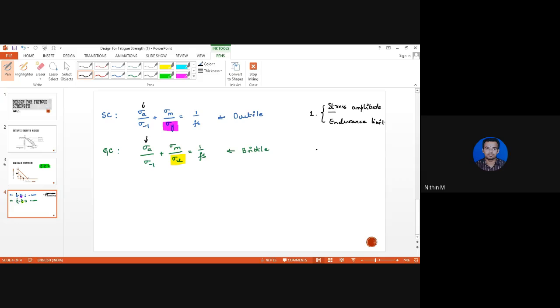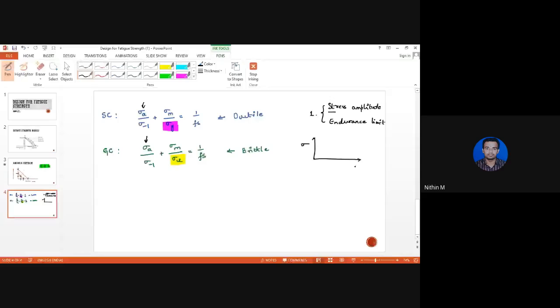Suppose the stress is static, and I try to draw a graph of stress along the y-axis and time along the x-axis. If I apply a load of say 60 kgs and leave the component at that force, for example a desk, you go and sit on the desk.